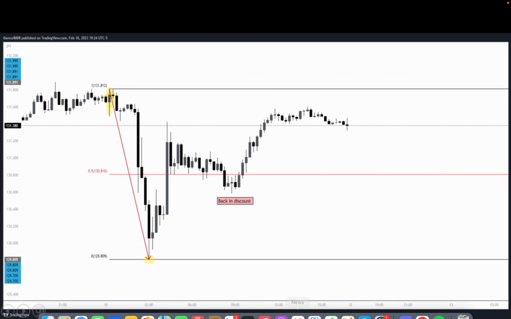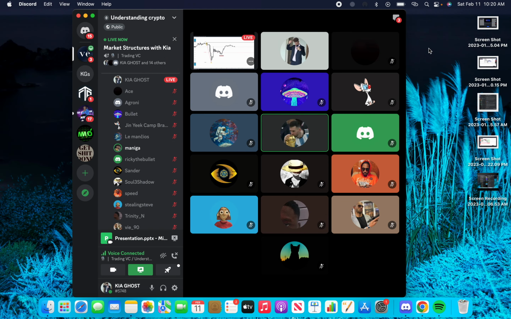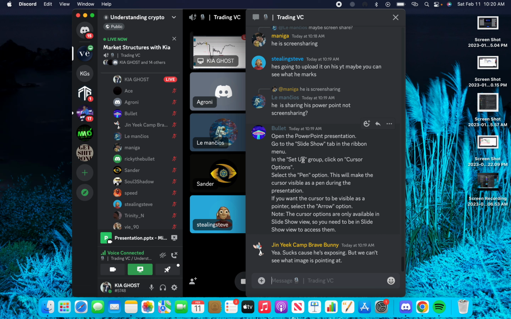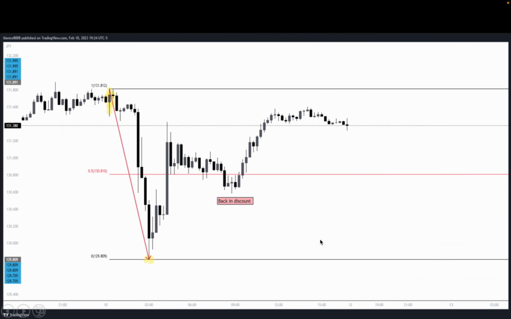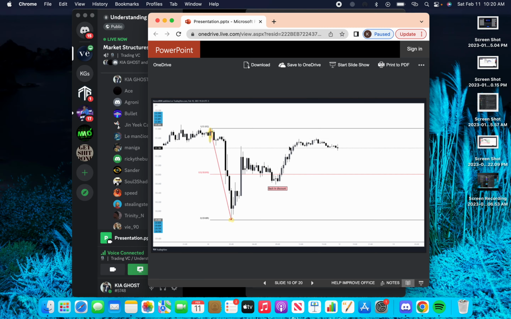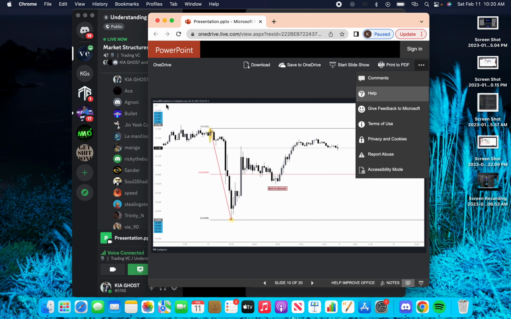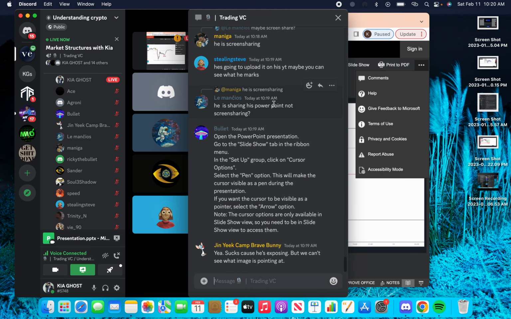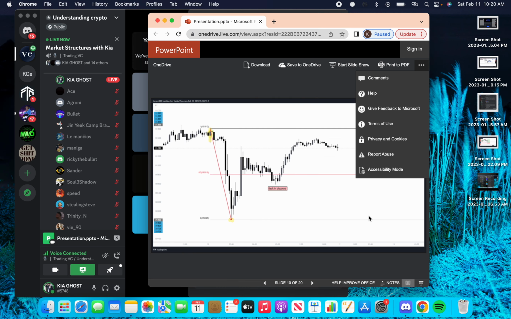Kia, can you read the voice chat bullet send you how you can show your cursor? Open the PowerPoint presentation and go to the slideshow tab in the ribbon menu. Okay. All right. Do you guys see the slideshow tab anywhere?